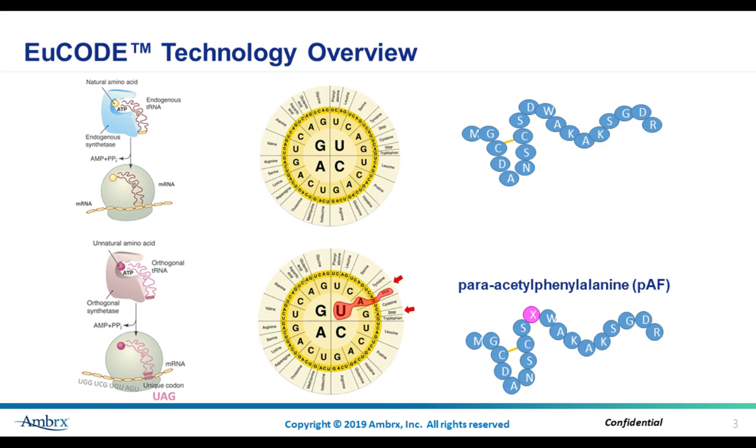So, what is EuCODE technology? EU stands for eukaryotic. EuCODE is a unique engineered eukaryotic cell expression system. Here is a model of a conventional expression system.